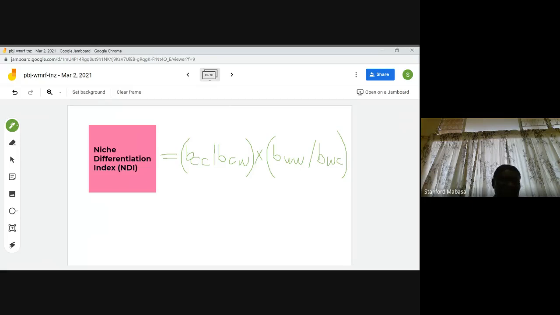If you get a 1, it means both the plants are using the resources within the environment to the same extent.